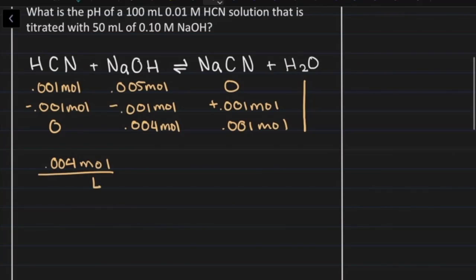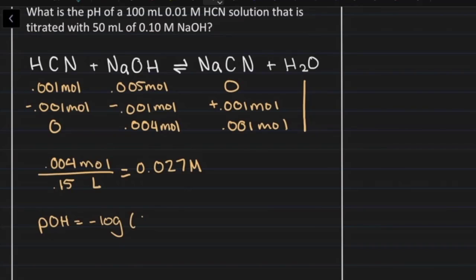So our total volume will be 100 milliliters plus 50 milliliters, which will give us 0.15 liters. When we find the concentration of that, we'll get 0.027 molar.